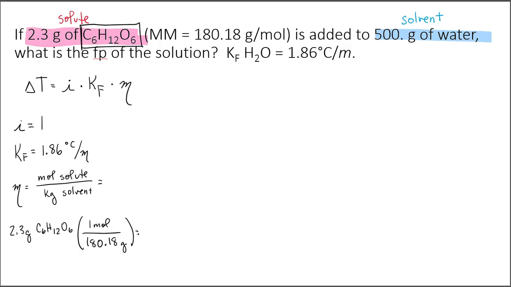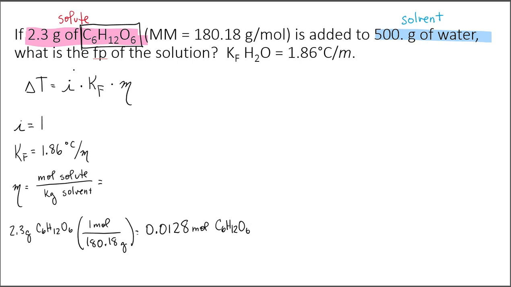I was super lazy, I should really write my labels down. Don't come for me, all right? 2.3 divided by 180.18 is 0.0127. I'm going to keep my sig figs until the end, so I'll keep 0.0128 moles of sugar, C6H12O6.